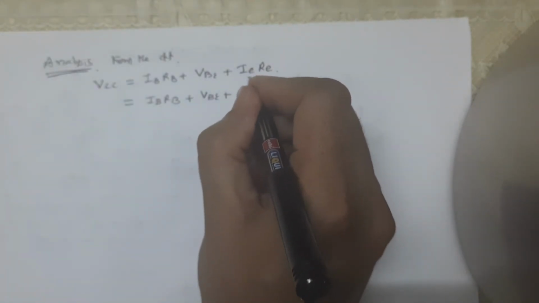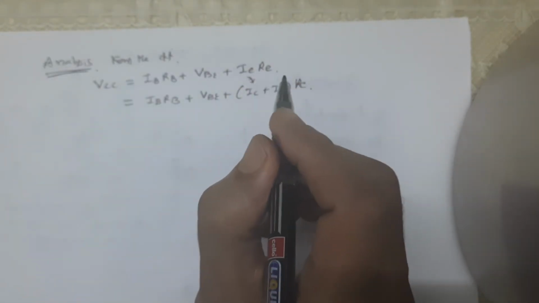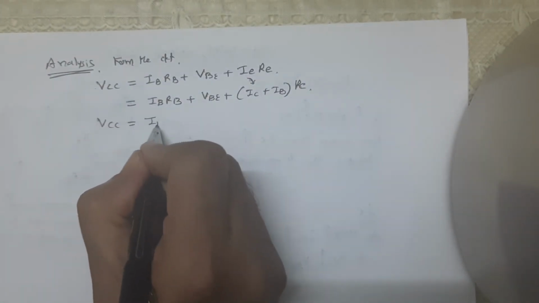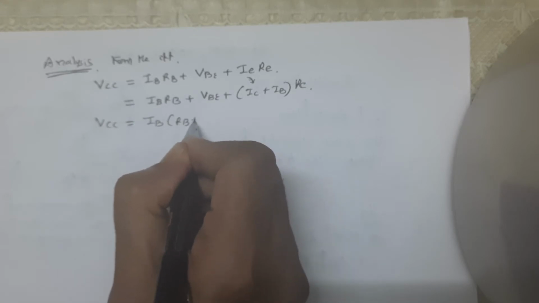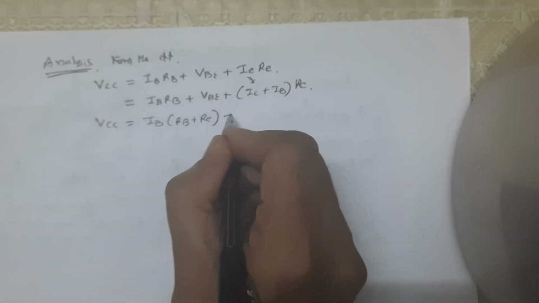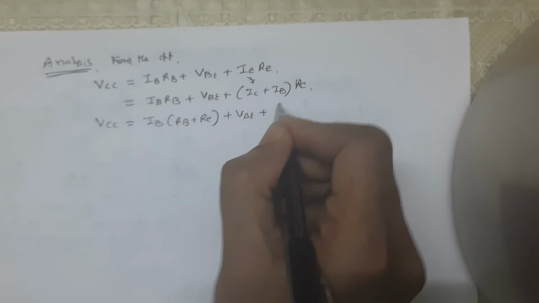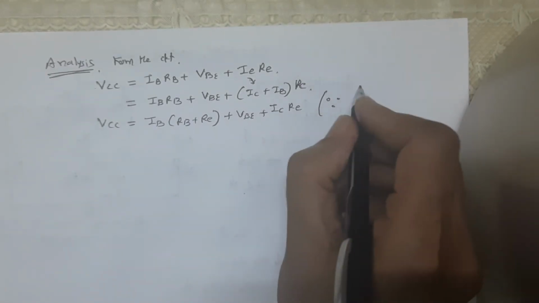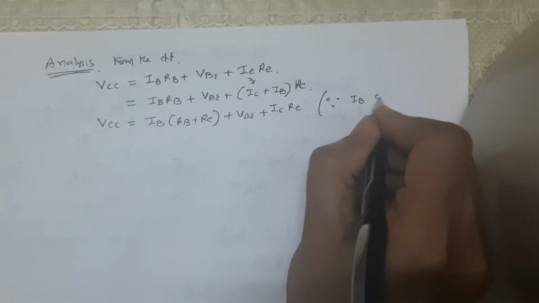The value of IE we are putting here. Therefore, VCC is equal to IB (RB plus RE) plus VBE plus IC RE, because we make IB common.